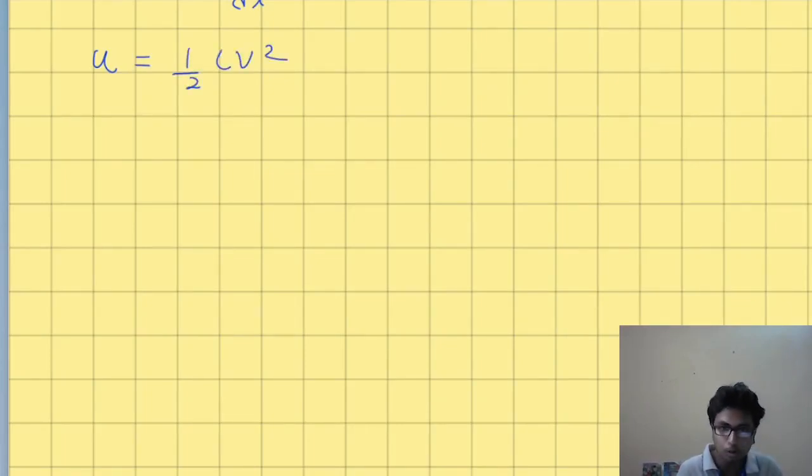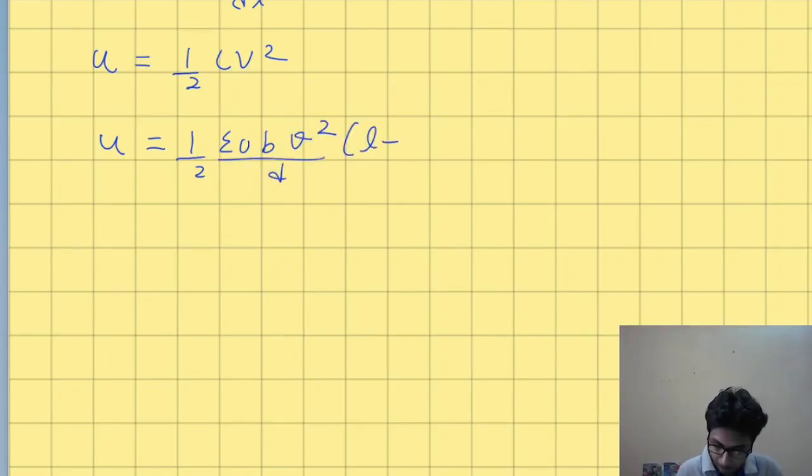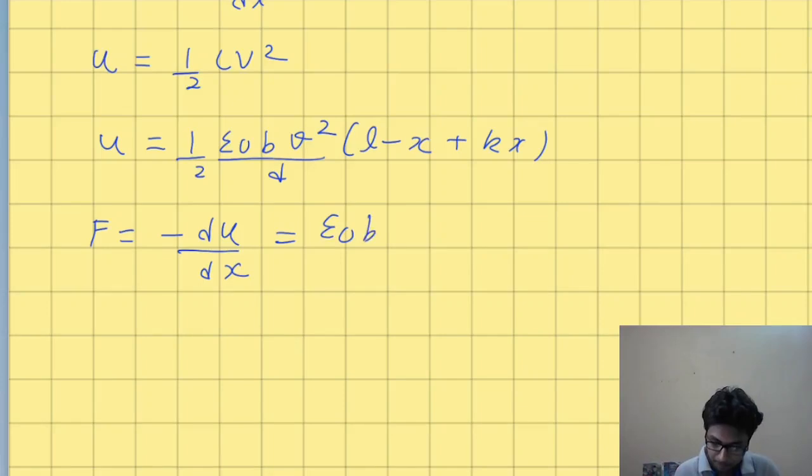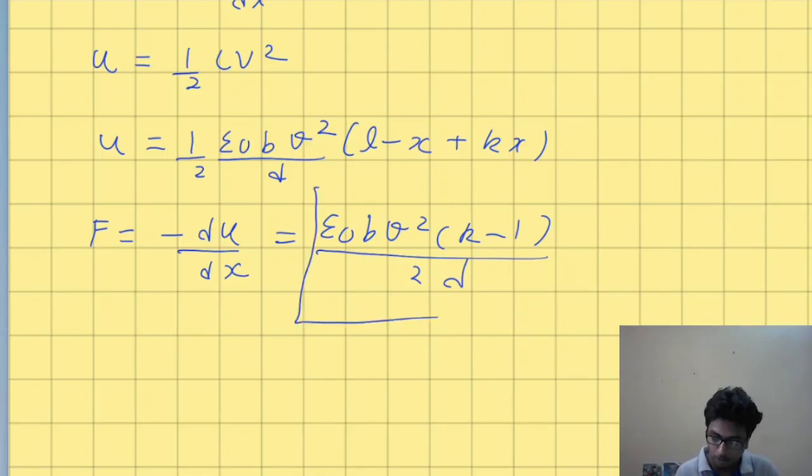We already calculated the value of C, so U can be written as half epsilon naught B V square over D multiplied by (L minus x plus Kx). Now the force, which is the derivative of potential energy with respect to x, can be written as epsilon naught B V square (K minus 1) over 2D. This is the force which will act.